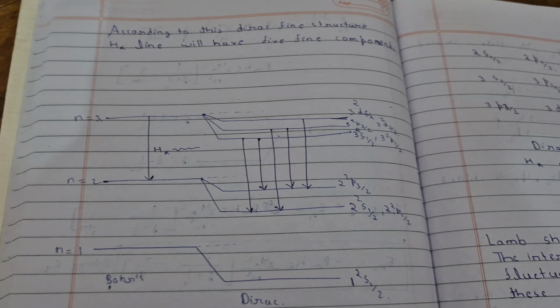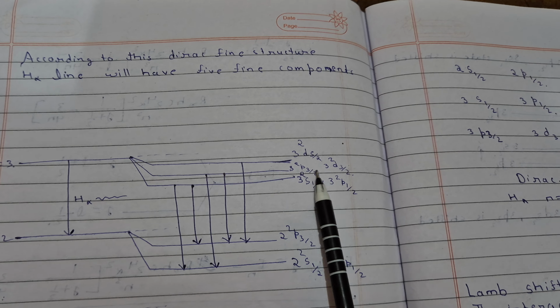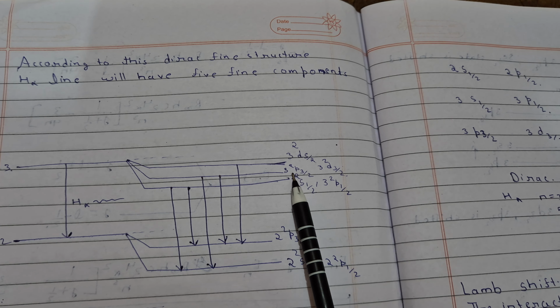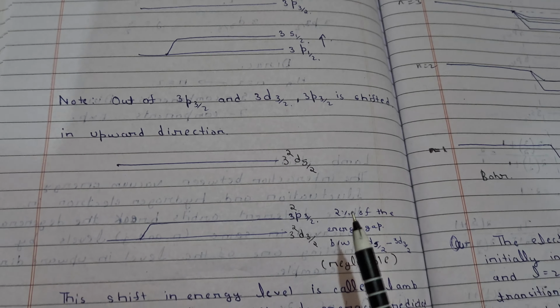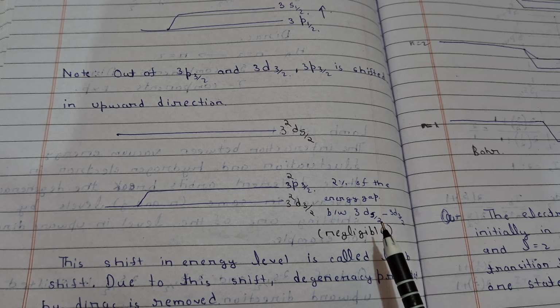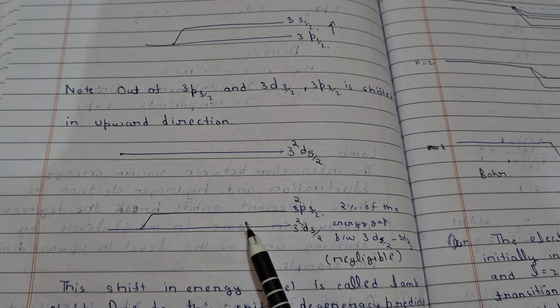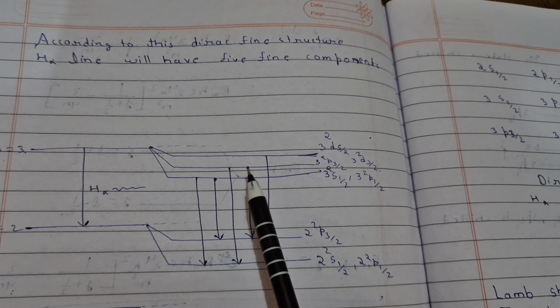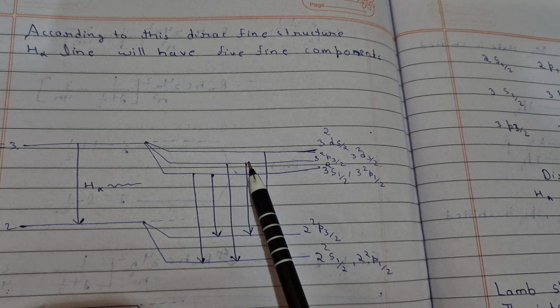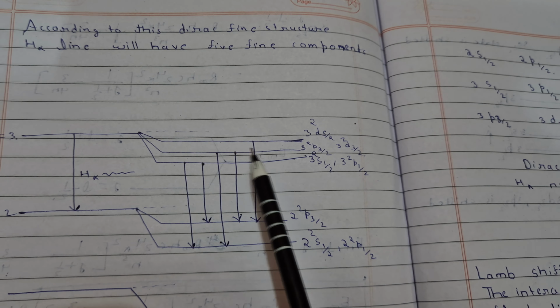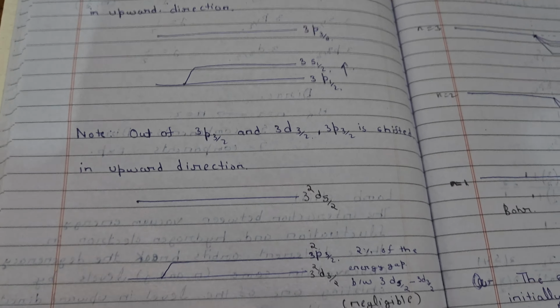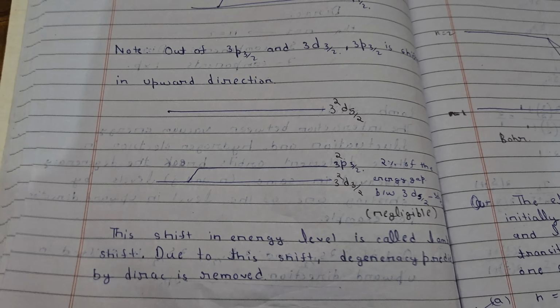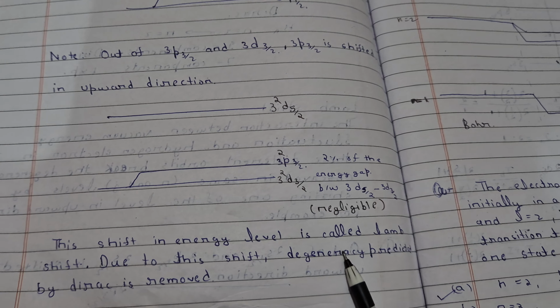And in the 3p 3/2 and 3d 3/2, again the p will shift upward, but this difference is very small, about 2% of the energy gap between 3d 5/2 and 3d 3/2. This is negligible, so we consider it as a single line. There is some shift there, but we don't have a spectrometer resolved enough to split these two. So this shift in the energy level is called the Lamb shift.